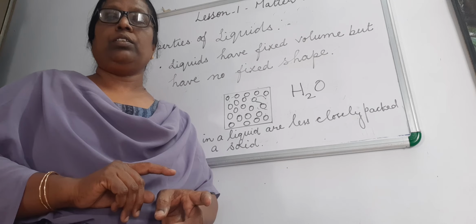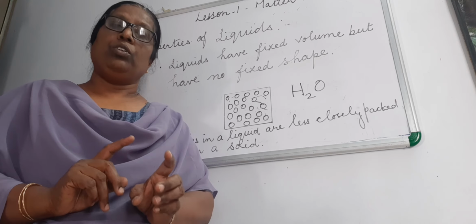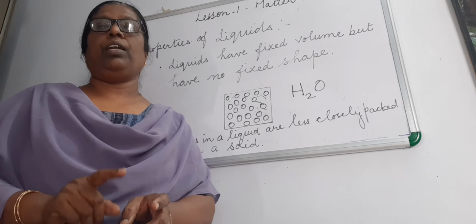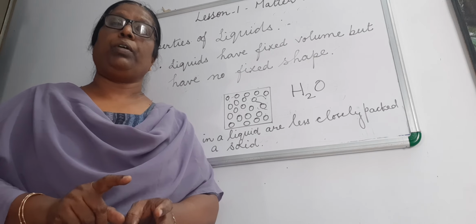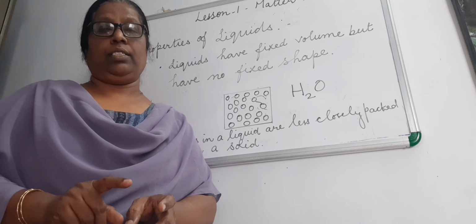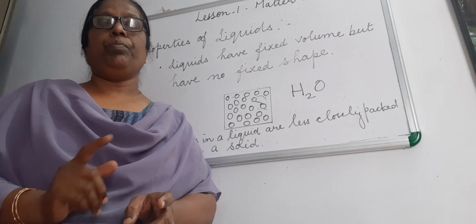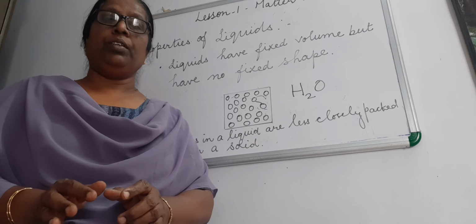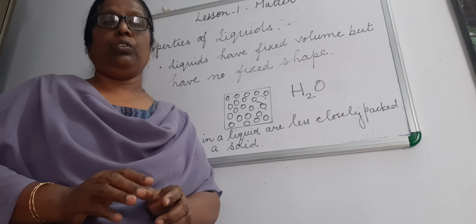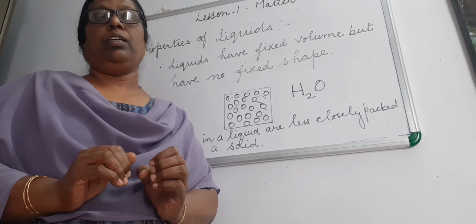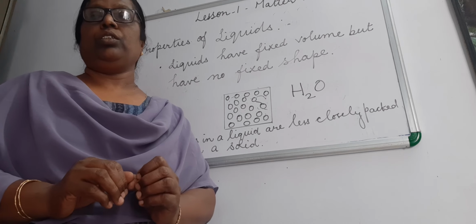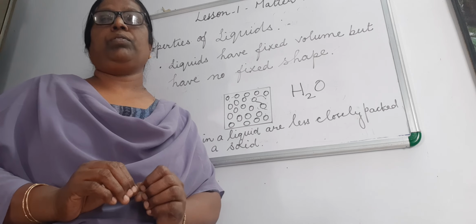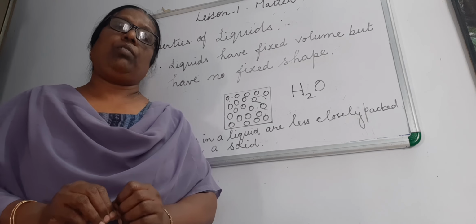We have learned the properties of two states of matter. In the next class, I will explain about the properties of gases. Then we will go to the next part of the lesson. So try to follow every line which is mentioned in your book. Try to understand and learn by heart some of the points.